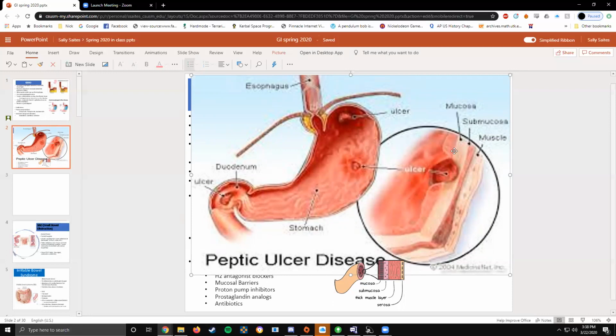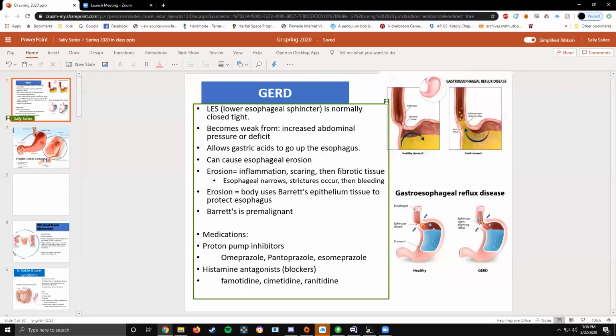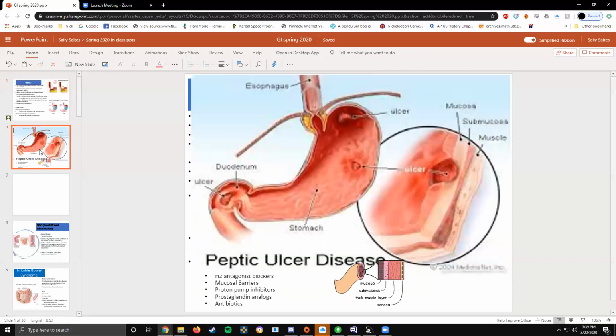So that is the difference really between GERD, which is just eroding some of the esophagus and causing this Barrett's epithelium, whereas peptic ulcers actually drill down, if not taken care of, through the lining of the stomach.